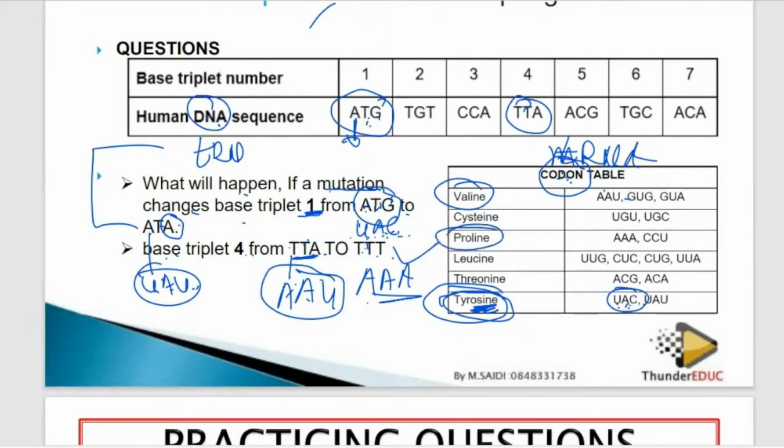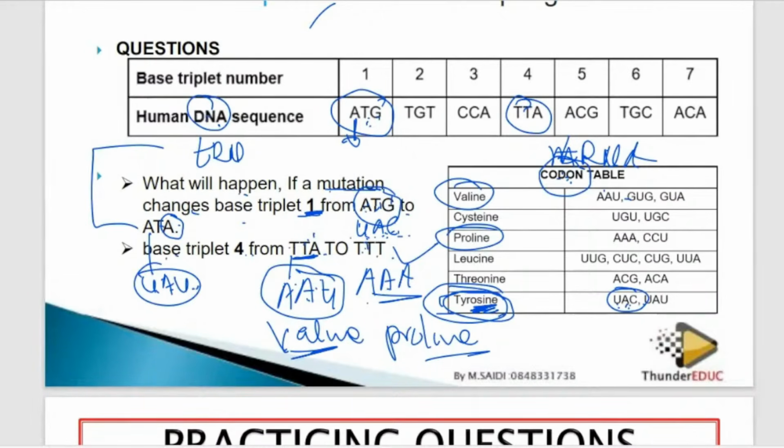So it means that if you look here, this one codes for valine, while this one codes for proline. You see? So it means that these two are different. Is it clear? So it means that even the protein will change. It's like calling you Carabo, and then I call you Cabero, and Cabero is different from Carabo.